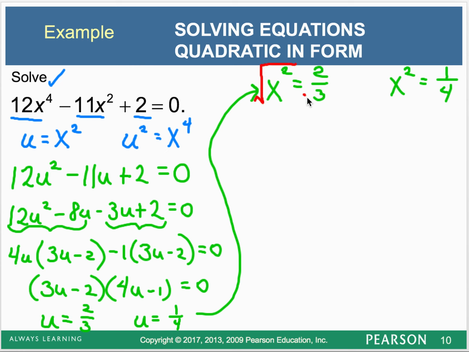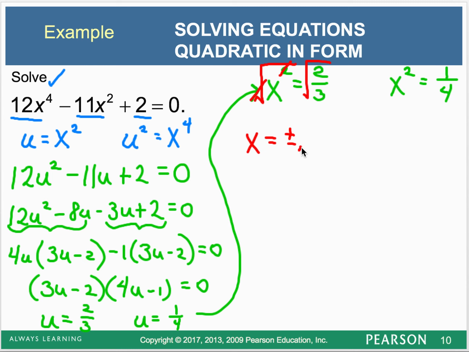Square root, square root. So this will cancel and just leave x equal. Now don't forget, if I put the square root in, that's when I know I've got to put plus or minus. If it started out with a square root, no. If I put the square root in, this problem doesn't have a square root in it, plus or minus.